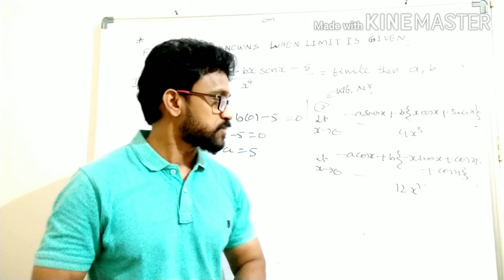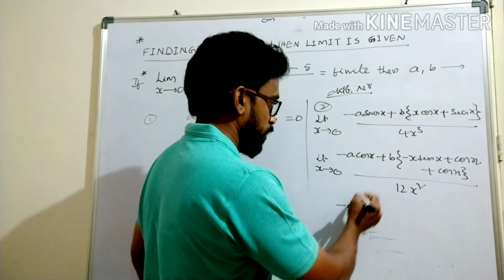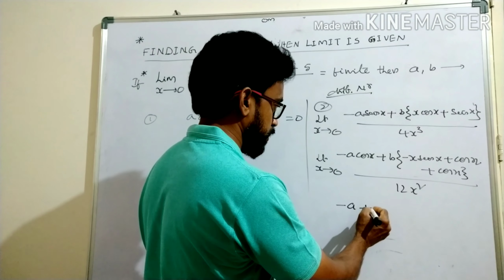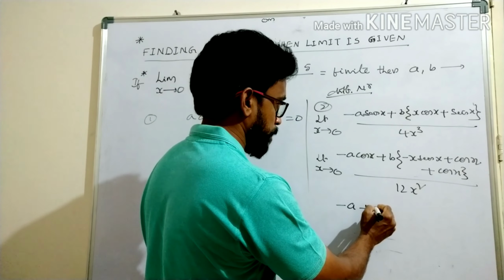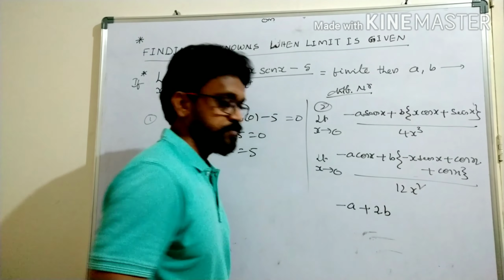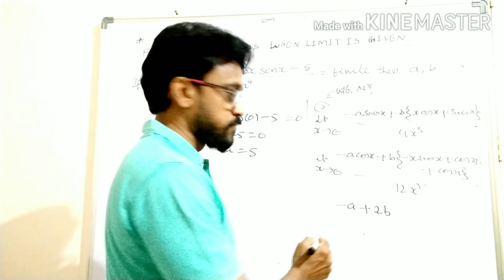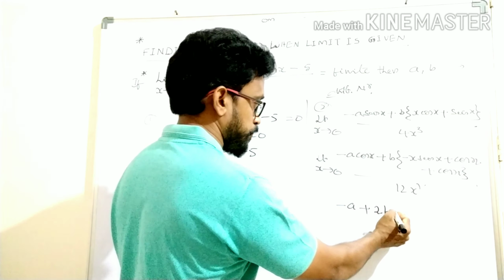Temporarily close that: minus a cos 0 is minus a, this term is 0, and cos 0 is 1, cos 0 is 1, so 1 plus 1 is 2. Minus a plus 2 into b, that is, minus a plus 2b.